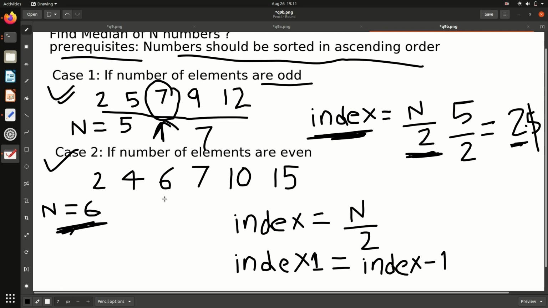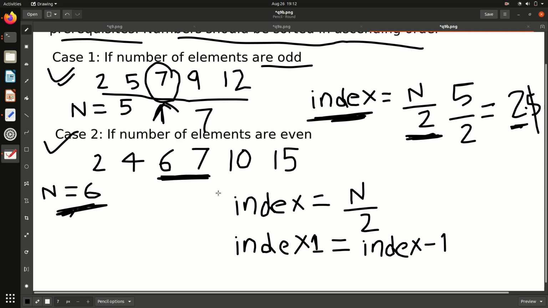Now if I ask you to find a number which is in the middle, there is no such number in this case. If you take any number, it will not be the middle. So in this case, we are asked to take the two numbers in the middle. Now if you take these two numbers, you can see here also 2, here also 2.